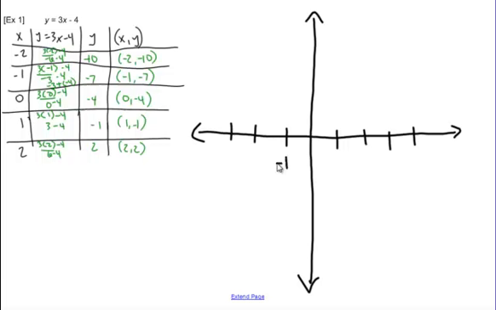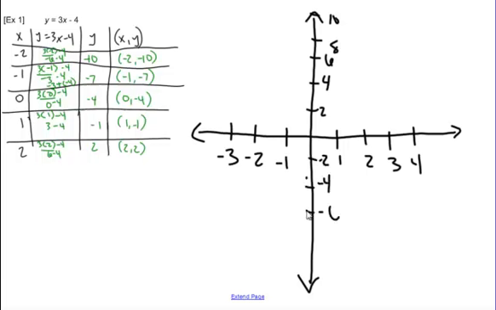So it'd be like -1, -2, -3, 1, 2, 3, 4. And then let's go by 2's here. 2, 4, 6, 8, 10. -2, -4, -6, -8, -10. The reason I did that is because, look, I need a -10 here.